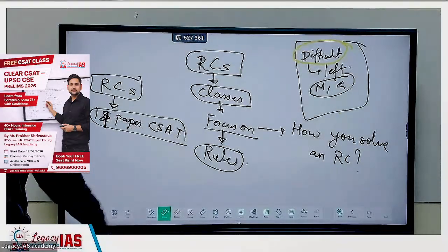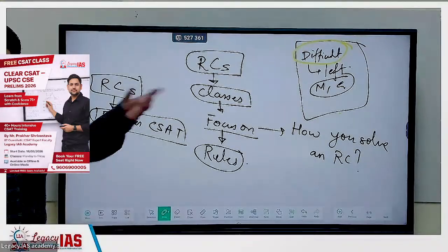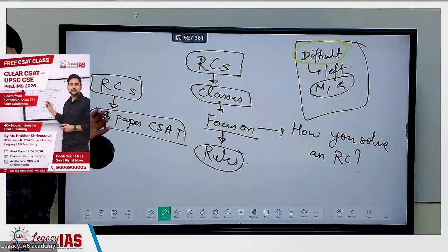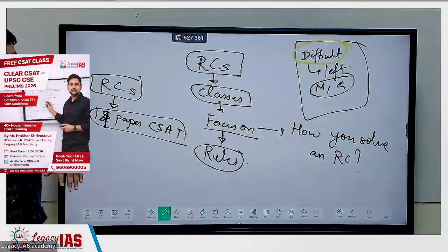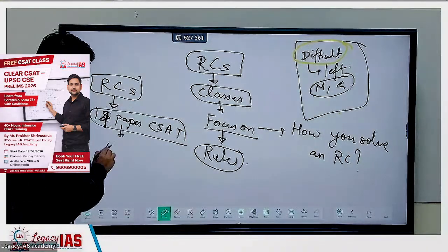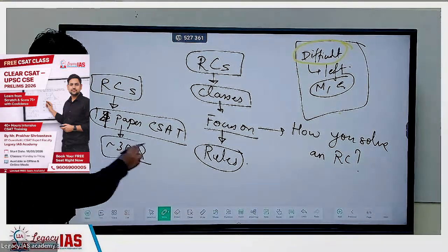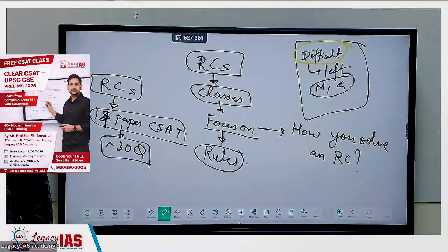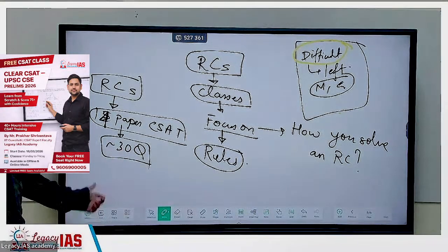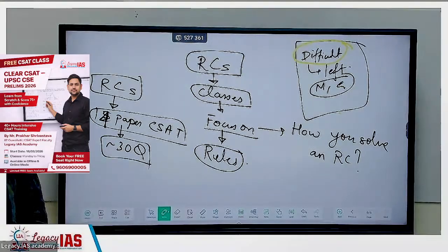All of them have RCs. Some in the initial years used to have more RCs, like 30, 35 RCs. So approximately, let's say you have 30 questions from all these papers. So you have more than 400 questions of UPSC PYQs only.